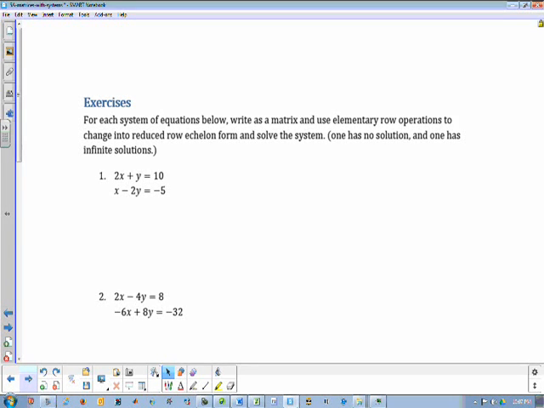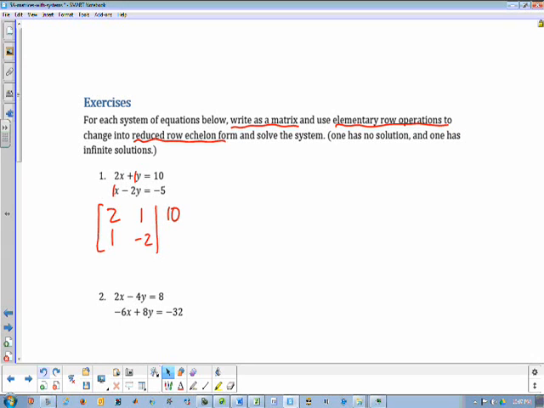Turn to the third page there. We've got some systems. For each system, we're going to write it as a matrix and use the elementary row operations to change it into reduced row echelon form. So once again, our goal is to take this matrix, which is 2, 1, 10, using the coefficients there, and 1, negative 2, negative 5.